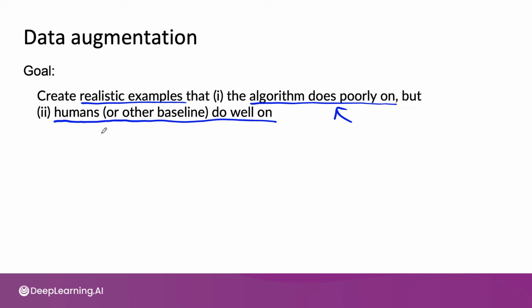And that's why when I am generating new examples using data augmentation, I try to generate examples that meet both of these criteria. Now, one way that some people do data augmentation is to generate an augmented data set and then train the learning algorithm and see if the algorithm does better on the dev set, and then fiddle around with the parameters for data augmentation and train the learning algorithm again, and so on.